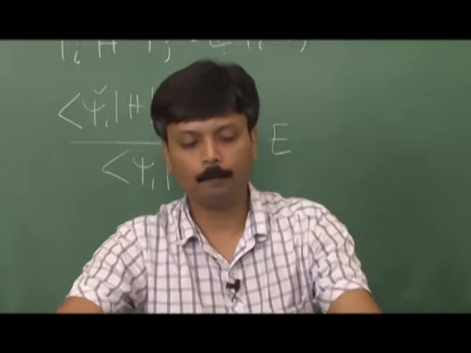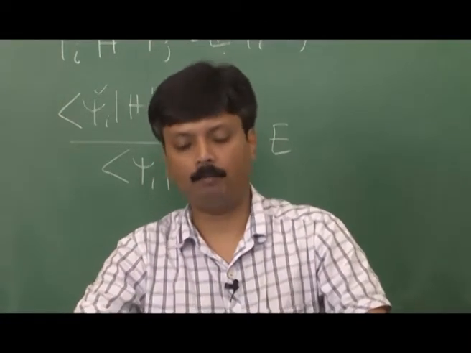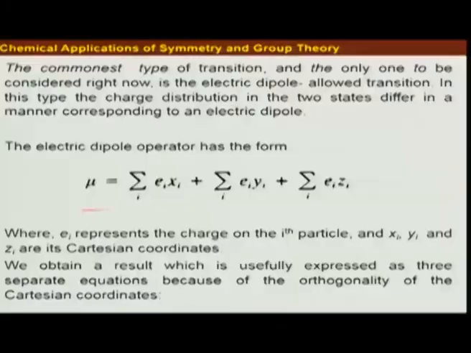So, mu will have the form as given here. Mu will be a dipole moment operator, and a dipole moment is given by the charge multiplied with the distance. For any given particle, the distance is quantified by 3 Cartesian coordinates, x, y, and z.